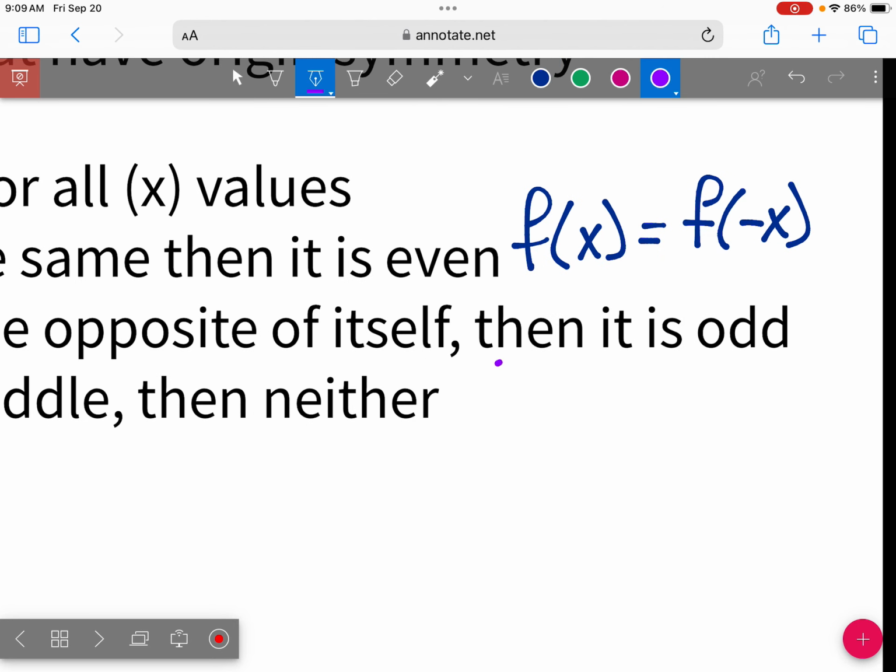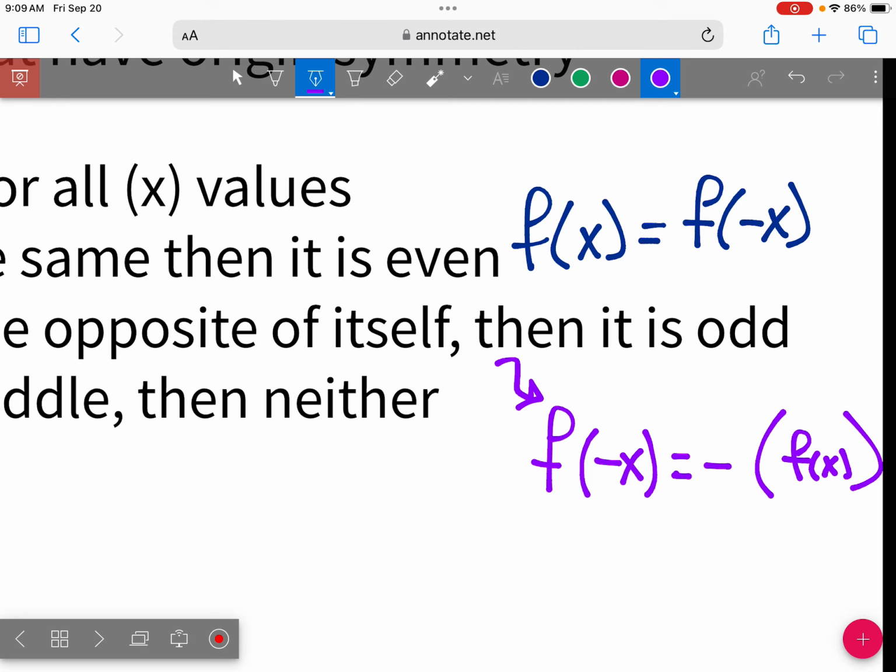What I mean when I say it's the opposite of itself is if the f of minus x that we substitute in is the opposite of f of x, so the opposite of the whole function, then it's odd. If it's something in between, it's neither one of them.